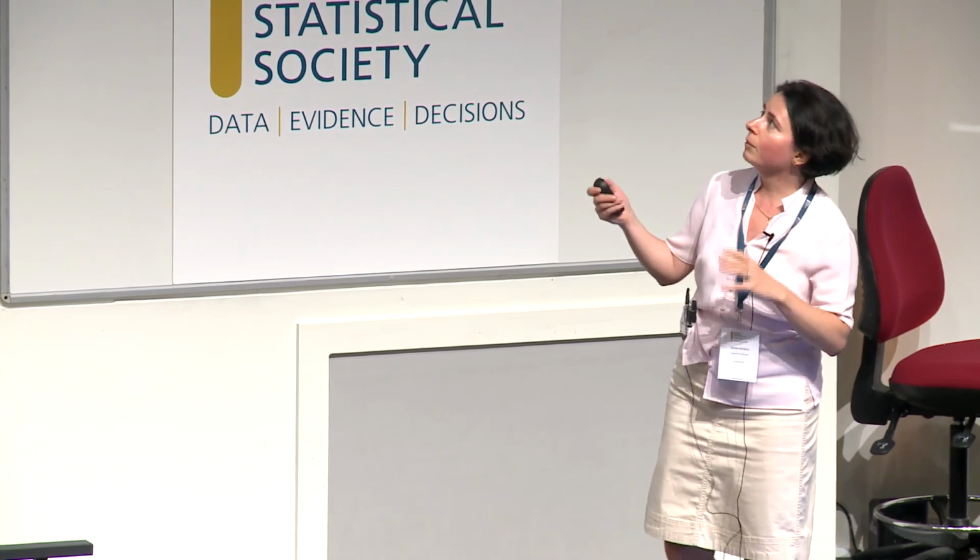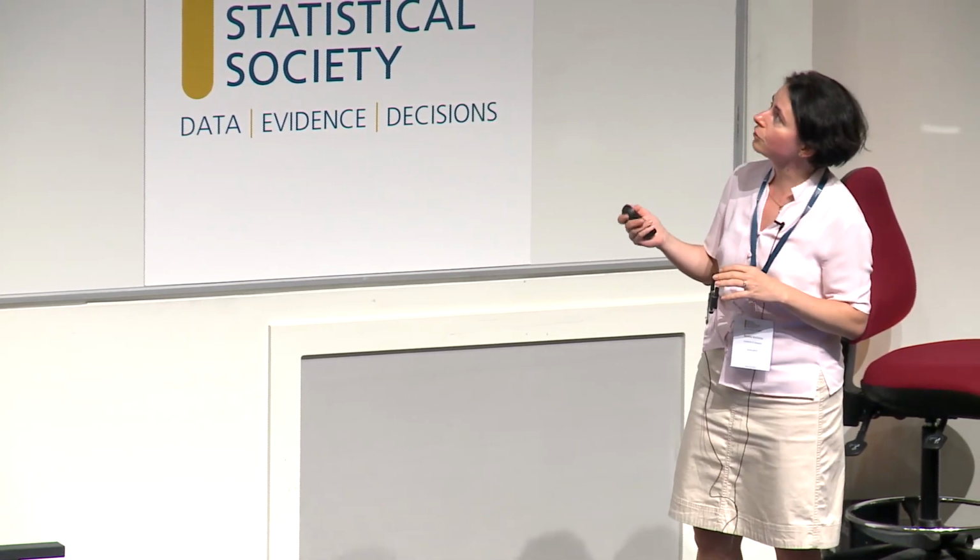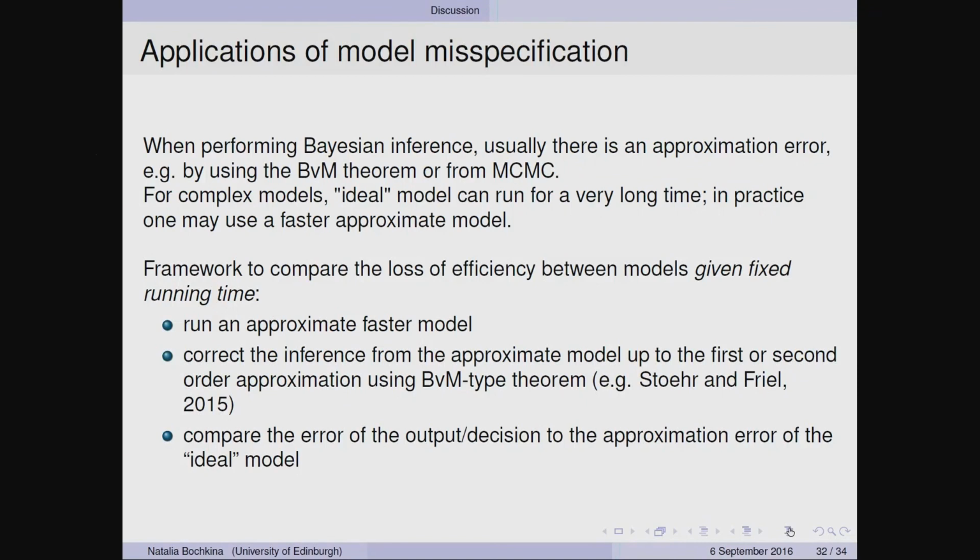One could use this to construct a formal framework: given computation time, what is the relative loss of efficiency, or which models are more efficient. Perhaps sometimes running approximate models could be more efficient and result in better inference than exact models, but in a restricted time.